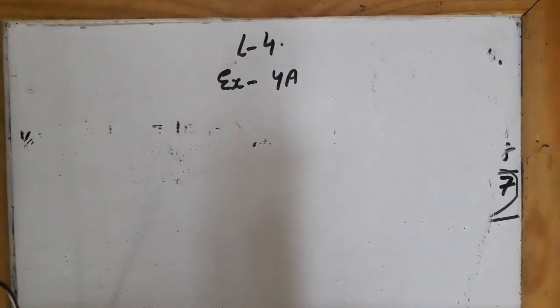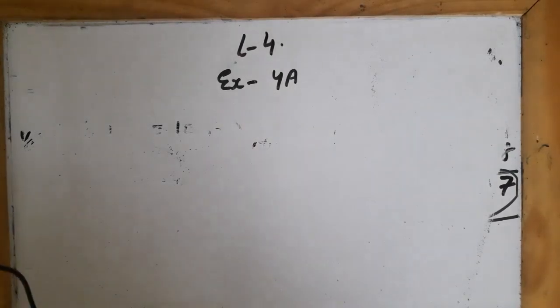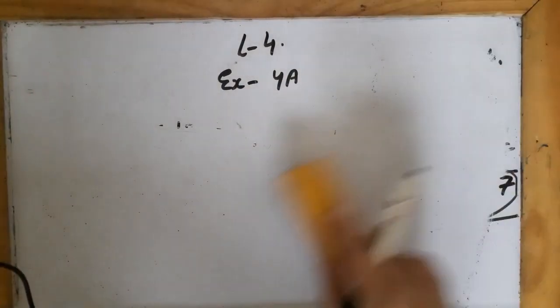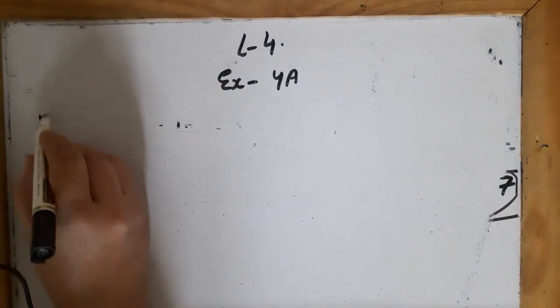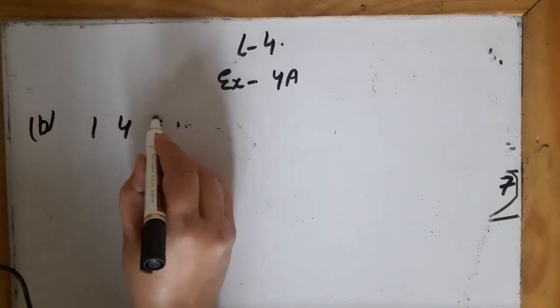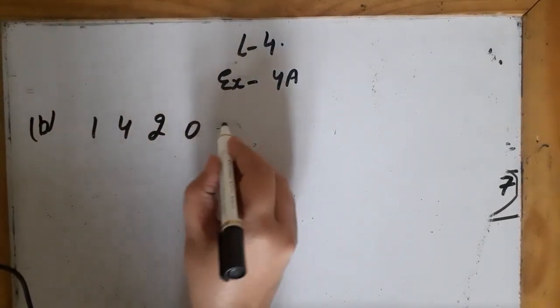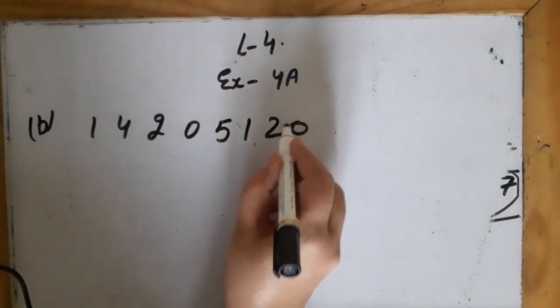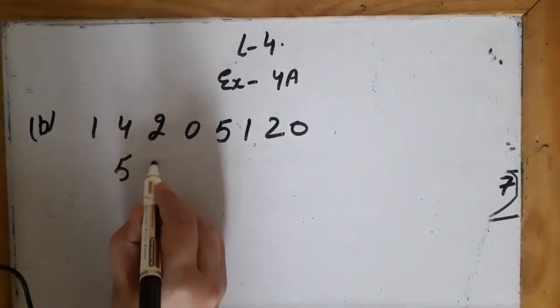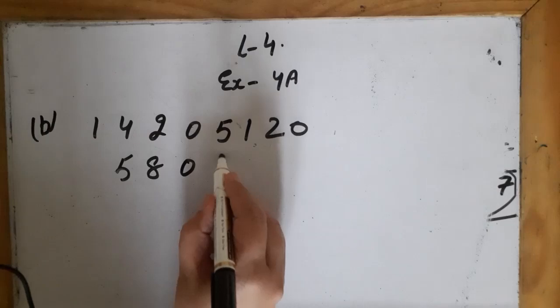Again, in the B part, you are given two numbers. 1420520, and from this I have to subtract.